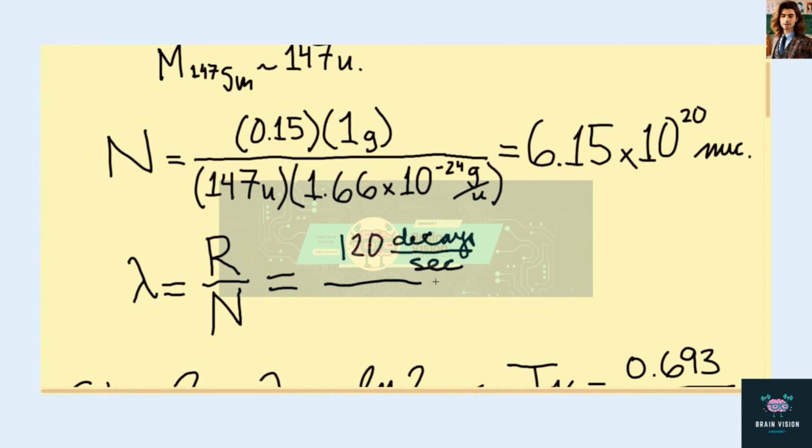Divide that value of r by our 6.15 times 10 to the 20th nuclei, and we get a value of 1.95 times 10 to the negative 19th.